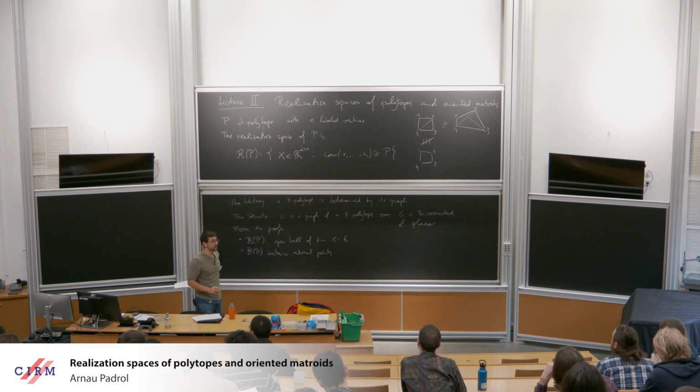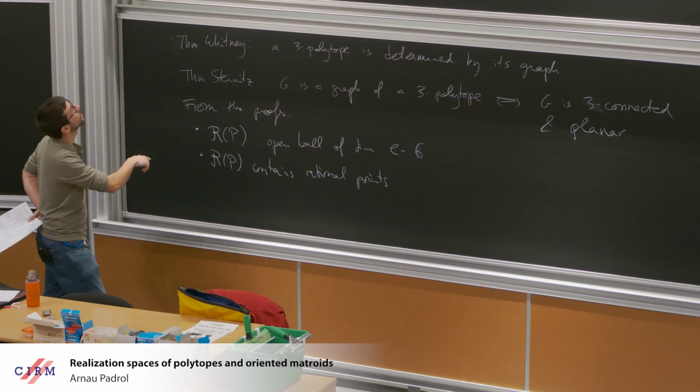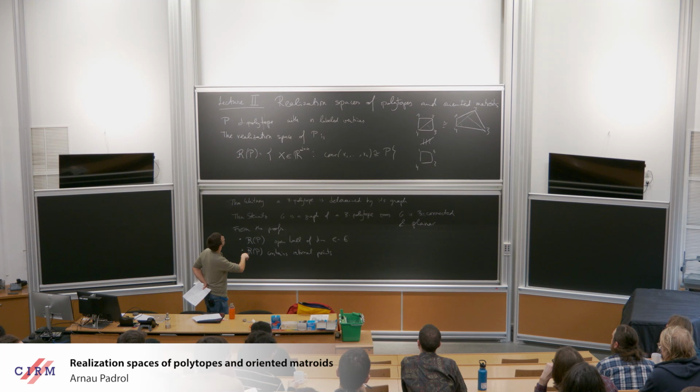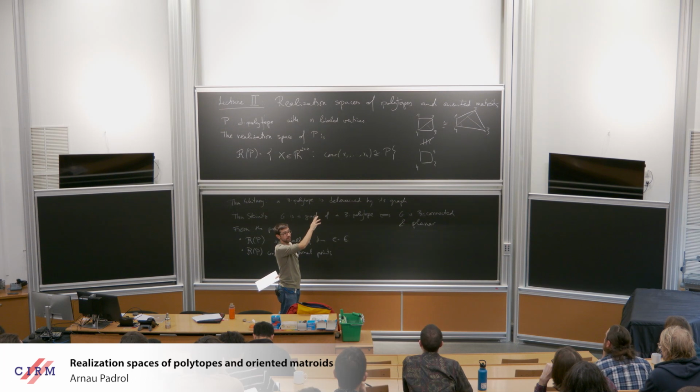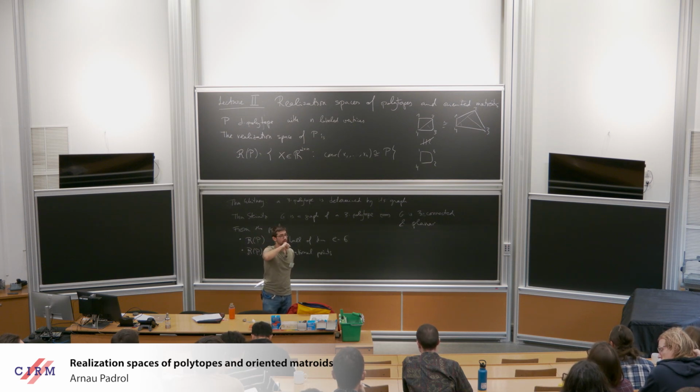A d-polytope is a d-dimensional polytope, so here d is equal to 3. In the space of configurations, should that be d+1? This is a 2-polytope, right? So here I will have 2 times 4 coordinates. So here I'm recording the coordinates of every vertex.